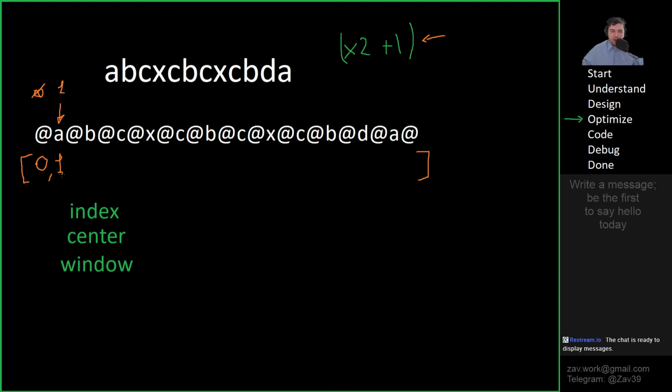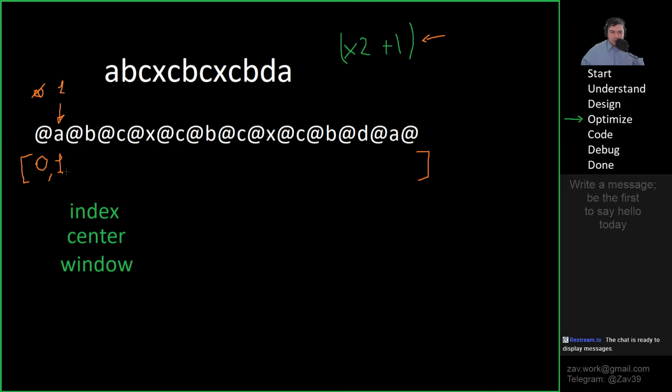Generally, every second letter will have at least length 1. In this case, we'll have the center of the palindrome at index 1, and the window length will also be 1. By window, we mean the length from the start of the palindrome to the last symbol. So in this case, it's just 1.